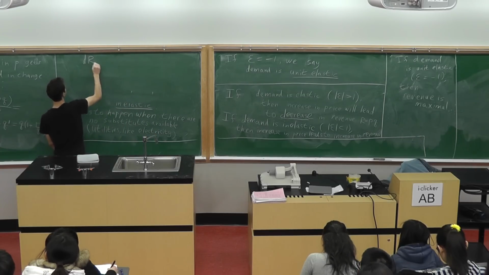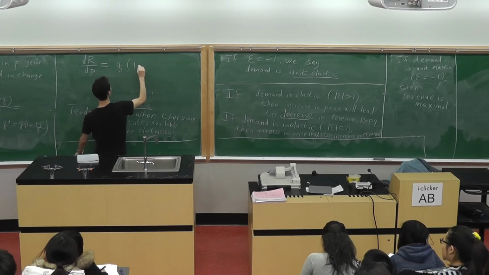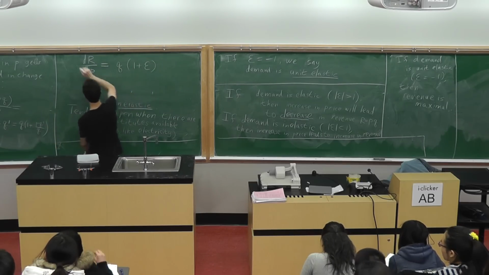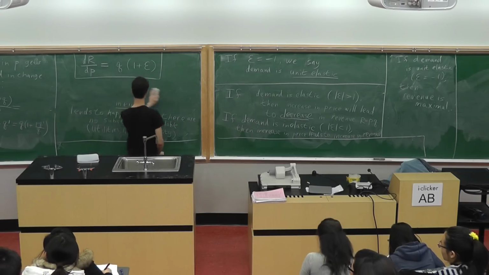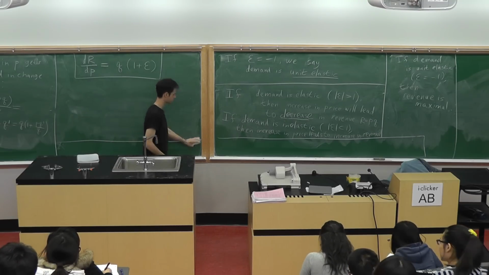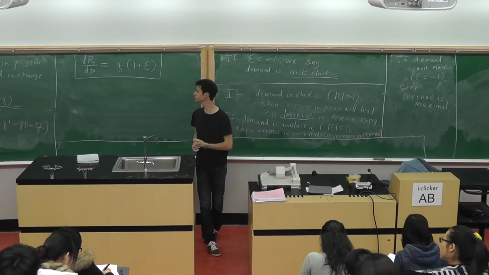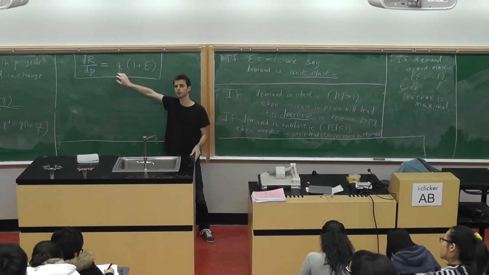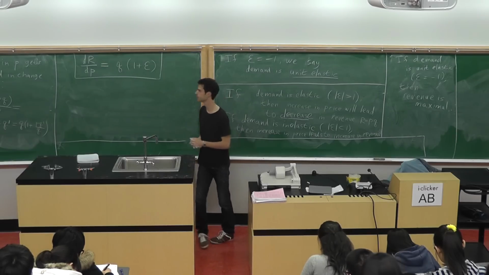The change in revenue with respect to price is the quantity multiplied by 1 plus elasticity. So in particular, quantity is always a positive thing. You can't sell negative amount of products.